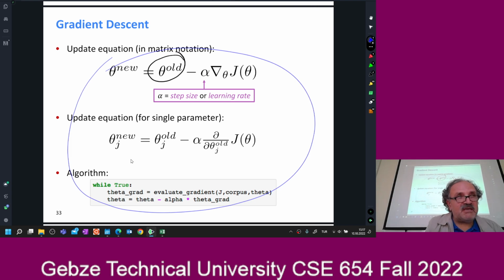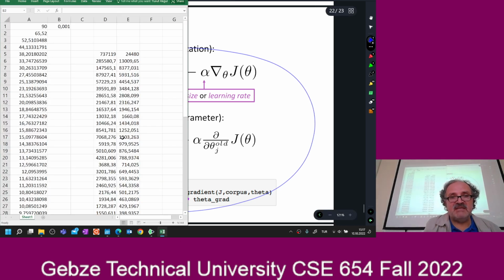But we don't have anything better to find those results for the general case. For specific cases, maybe you may find some results, but for all cases, this is the way we solve things. And in a simple Excel sheet like that, if you play with this learning rate, and if you write your derivatives correctly, then you will find your solution.